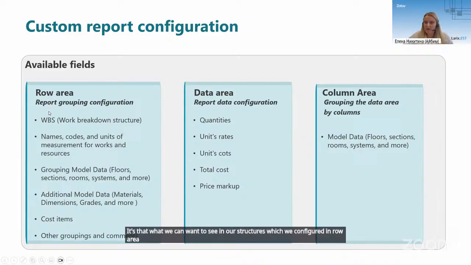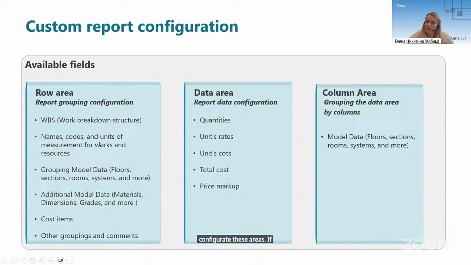And the column area is not necessary. If you speak about row area and data area, it is necessary to configure these areas. The column area is just some grouping for the data if you want to see it in columns.